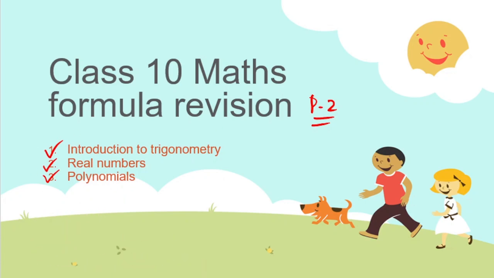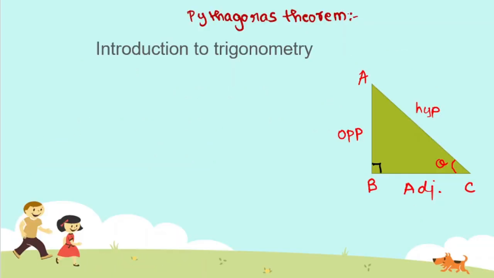Okay, let us start with Introduction to Trigonometry. Trigonometry is always dealing with a right angle triangle. If you are dealing with a right angle triangle, it is all about trigonometry.